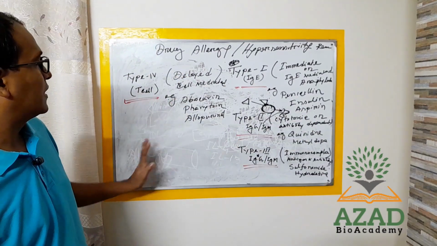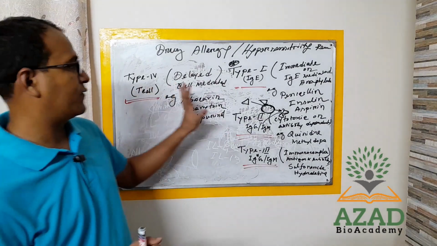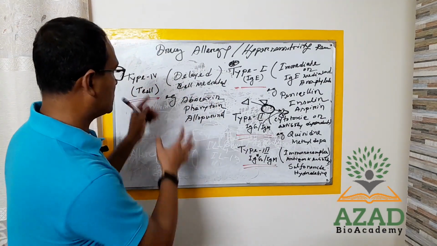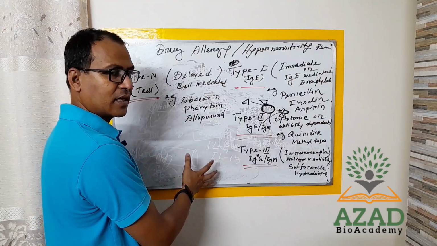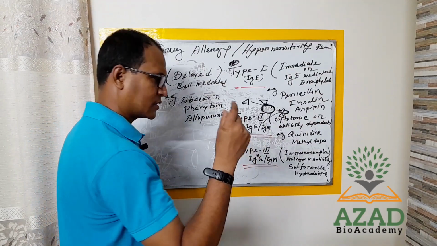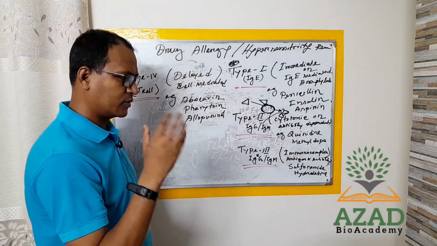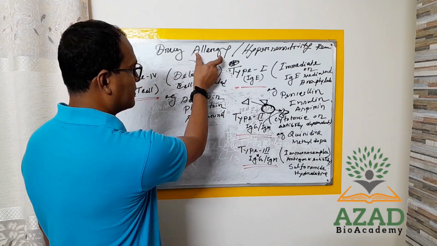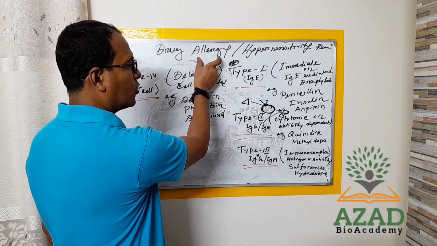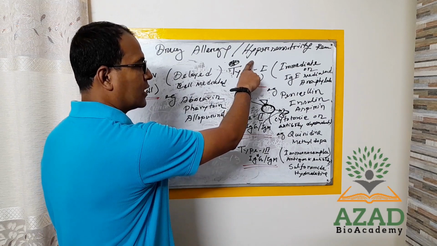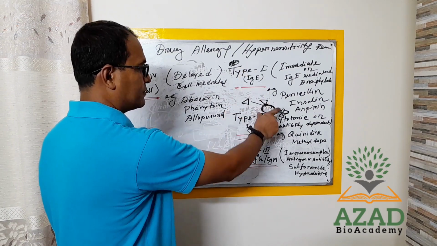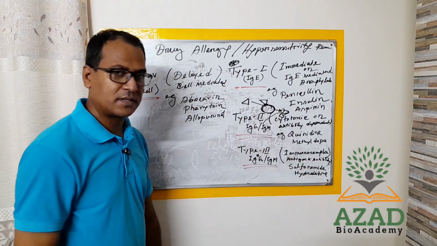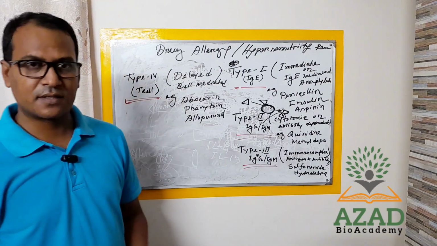So overall, these are the types of hypersensitivity reaction. All of these are hypersensitivity reactions. But when you use the terminology allergy, it is more appropriate for the type 1 hypersensitivity reaction. And type 2, type 3, type 4 are basically considered hypersensitivity reactions.